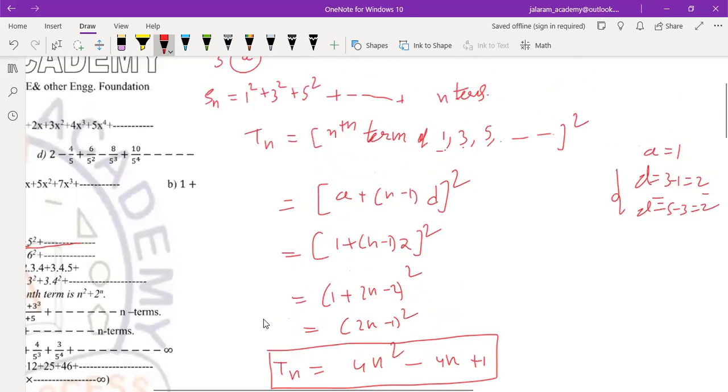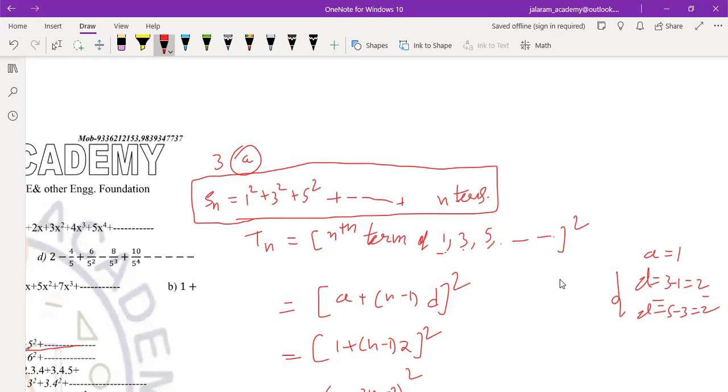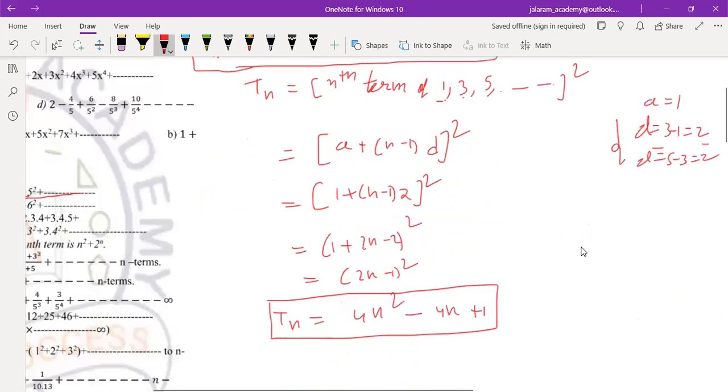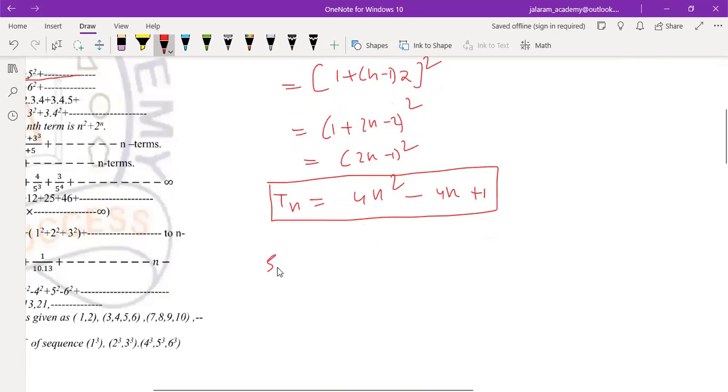So we have calculated the nth term of this series, which is neither an AP nor a GP, nor an AGP. It's a special sequence. These types of sequences are called natural sequences. Okay. So we have first to find their nth term, then to use it to find Sn. We can write the nth term as Tn or by An also.